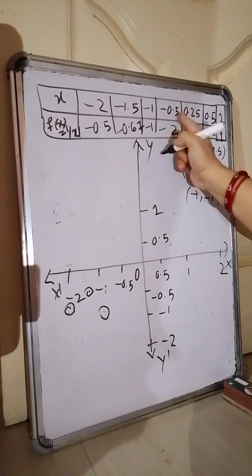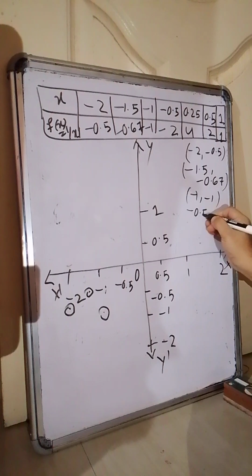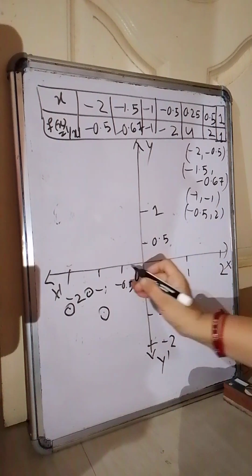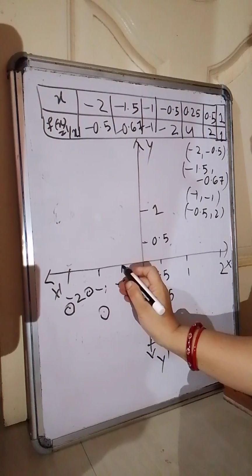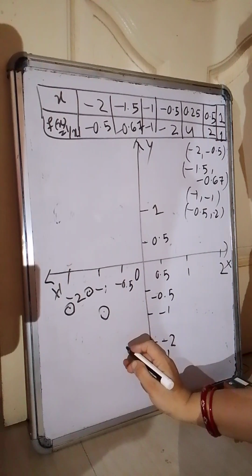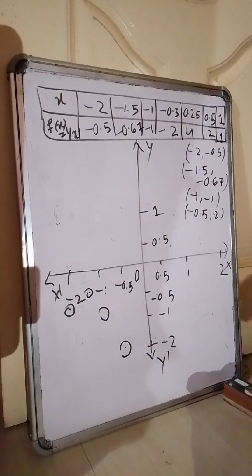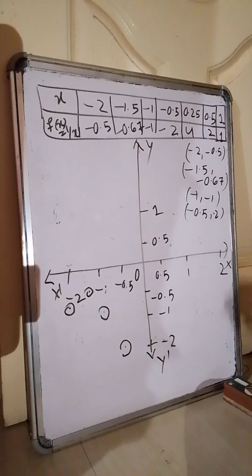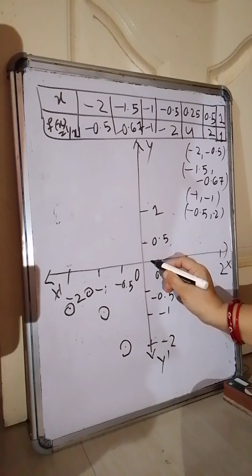Then next is minus 0.5, minus 2. This is minus 0.5, this is minus 2, the point is here. And similarly in this case, positive value 0.25 is here.